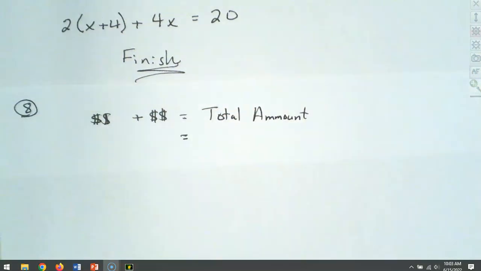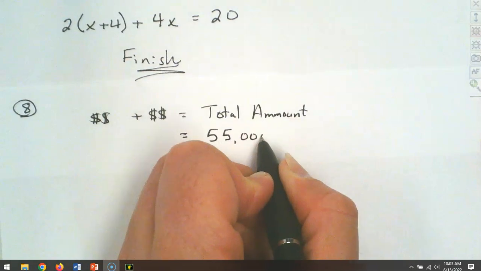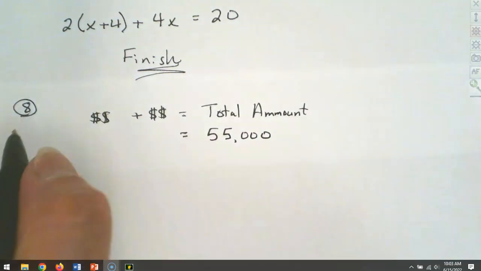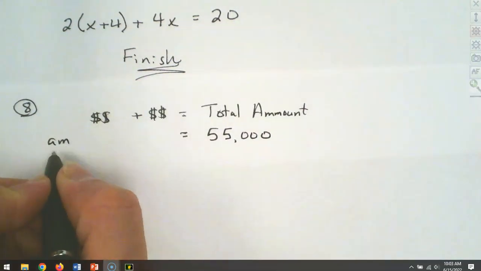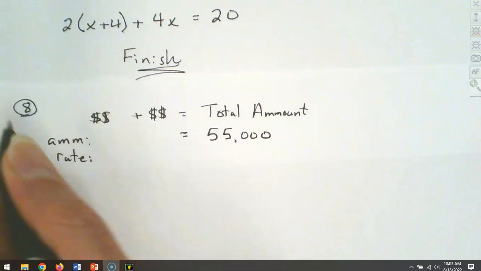So when I read this, it says the bank loaned out $55,000. So that goes over here for the total amount. So there's your $55,000. We have an amount, and we have a percentage rate.